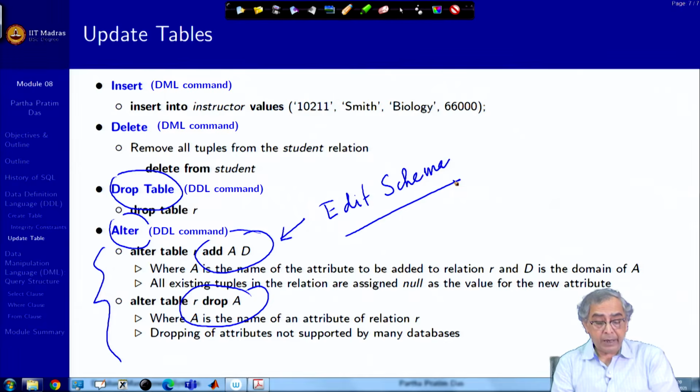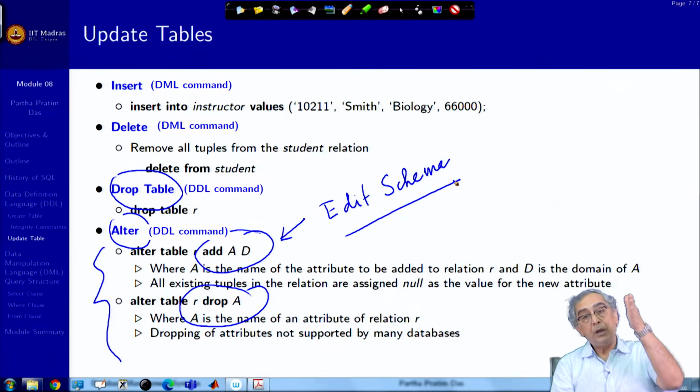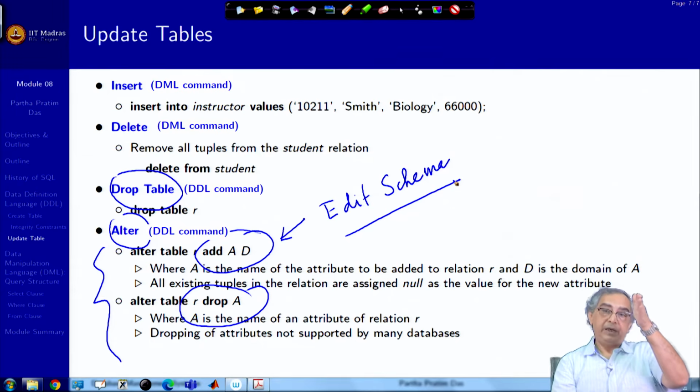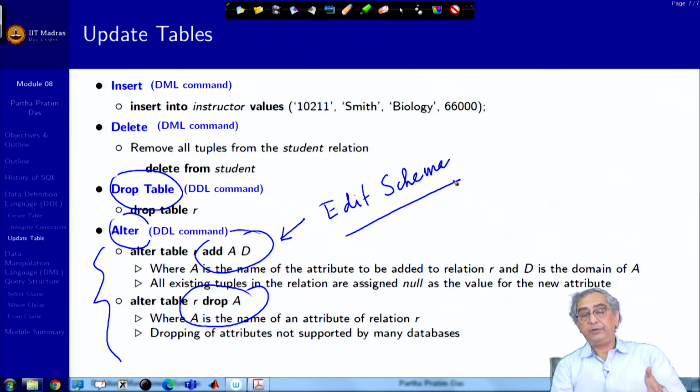Naturally, you will understand that if you drop an attribute, then all tuples which are already existing in the table will lose the value on that attribute. Similarly, if you add an attribute, then it will have to be a nullable attribute to start with, because what values will the different tuples take on that attribute, the values are not there.